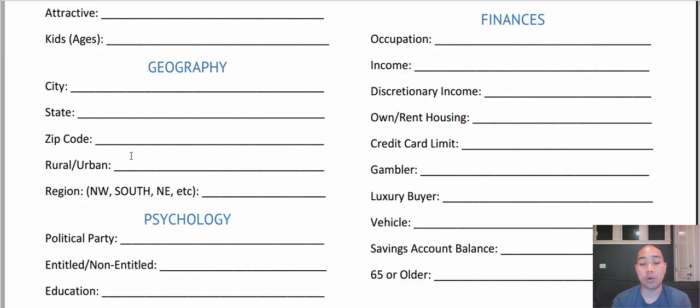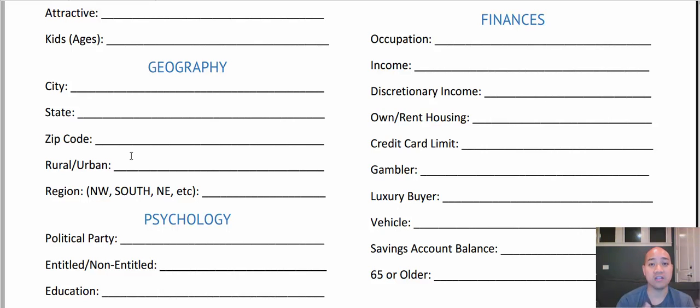These things are important for you because now you can say, okay, I have an avatar that is in one part of the country, and then I have another avatar that's in another part of the world. You might have different customs, you might have different traditions that people might have in certain areas. So you might want to think about those things when you're creating marketing campaigns or advertising campaigns.